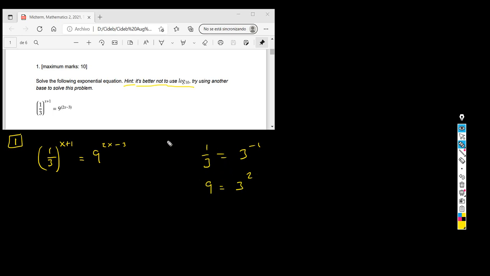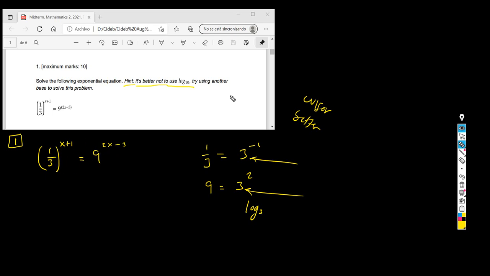Okay, and when that happens in any particular exponential equation, it's wiser, it's better to use the logarithm of that particular base. In this case, it would be much better to use logarithm base 3 to solve this equation.